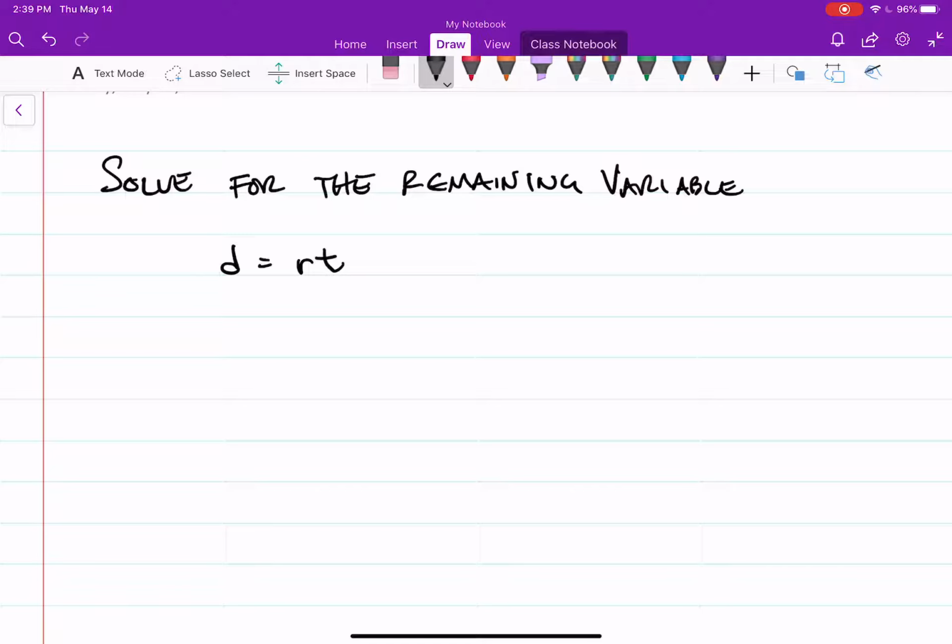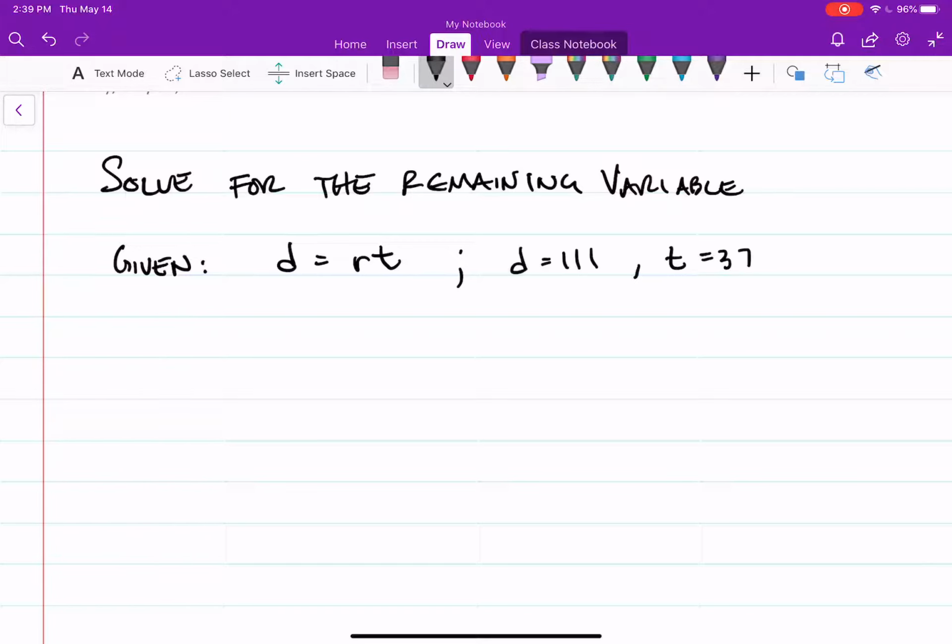So let me do this. It'd be given the formula D is equal to RT, and it's going to tell you that D is equal to 111 and T is equal to 37, okay?